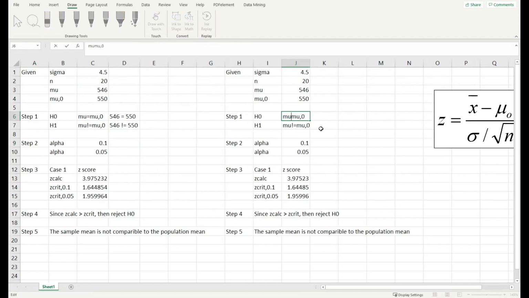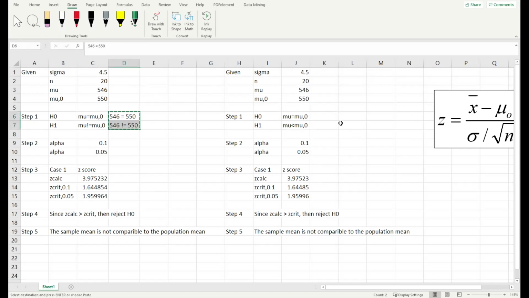This now becomes a left-tailed test, no? So our H naught is still mu is equal to mu naught, no? Pero this time, our H1 is saying na the 546 value, yung x bar na kinuha natin, is less than the 550 value. Okay?